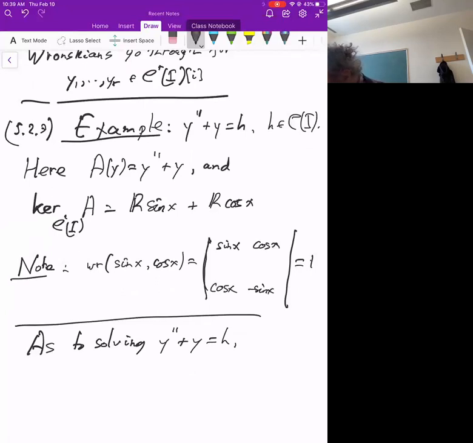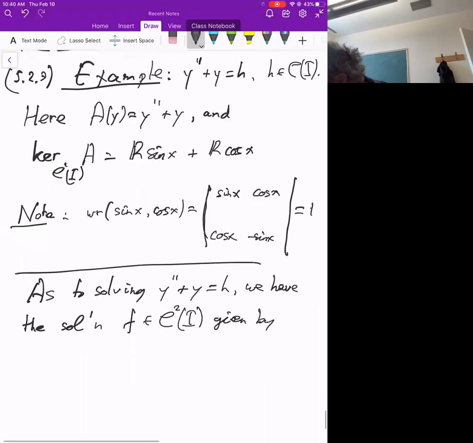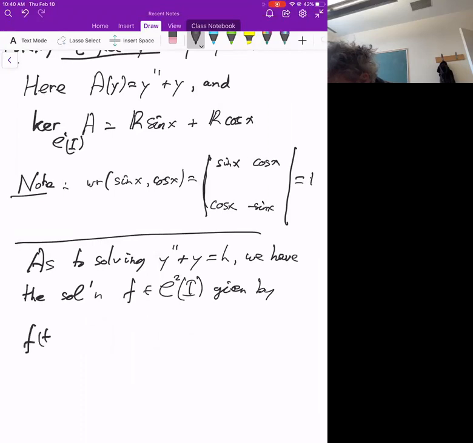For y double prime plus y equals h, where h is as above, we always have the solution f in C2(I) given by, well, I simply write down explicitly the solution: you start at some arbitrary point t0 in I, and you integrate up to t sine of t minus s, h(s) ds. So s is the integration variable.